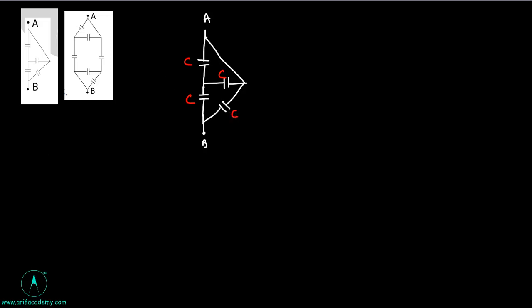Now how to find the capacitance? This point is actually point A, and it is directly connected by wire to this point, so this must also be point A. Their potential will be the same. In many cases we can reduce the length of a connecting wire, so we can connect this point directly to this point and see what happens to the circuit, and this is a much easier way to solve.